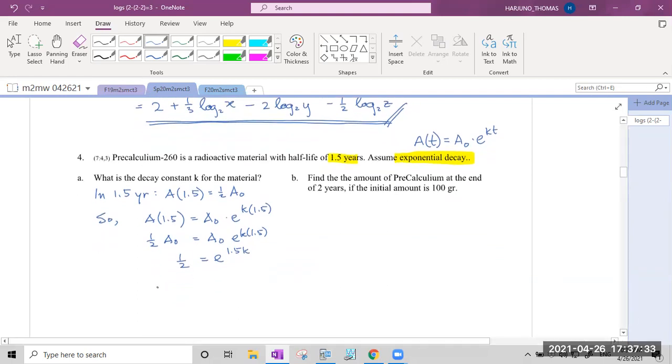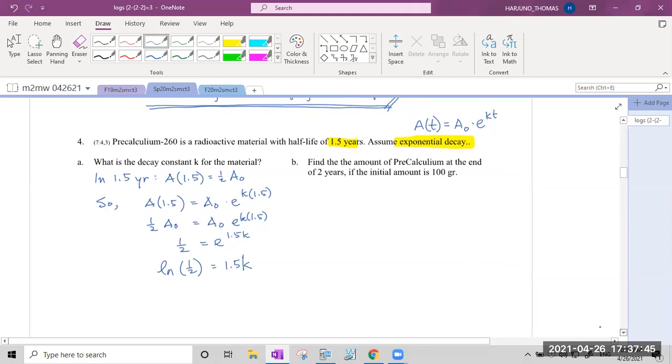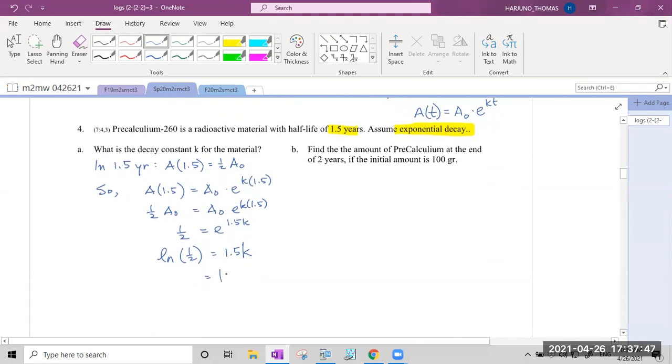Apply natural log. It's basically changed into logarithmic form. So k is the natural log of 1/2 over 1.5. But the natural log of 1/2 is negative natural log of 2.